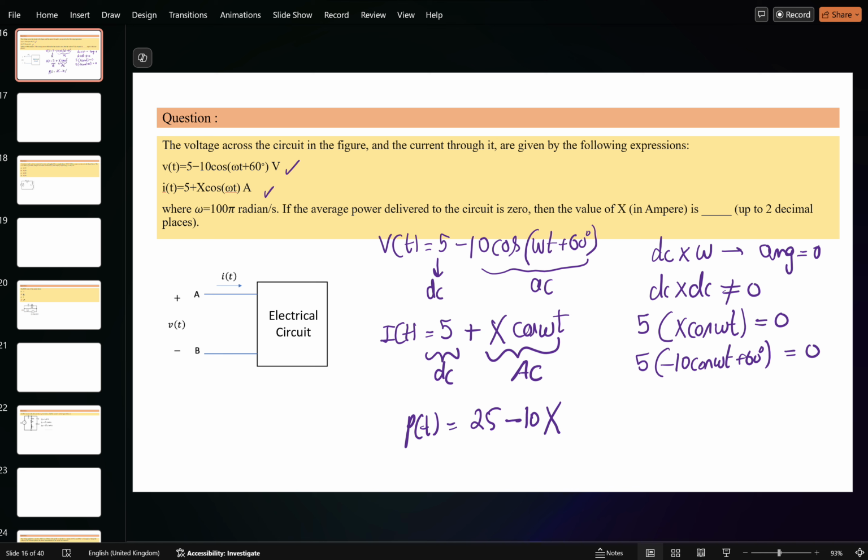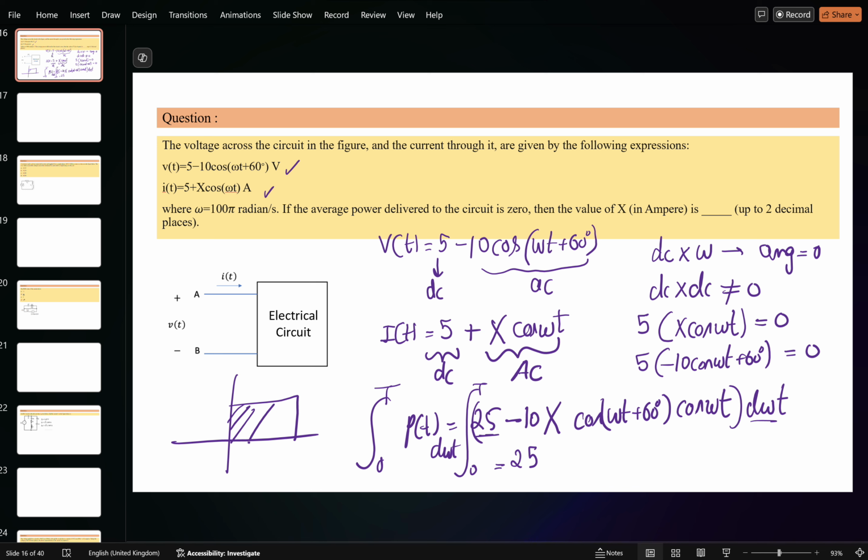So what about the average? Just take it with respect to d omega t. If you see the DC part, it is at a certain frequency. If you solve with respect to d omega t, it will come out to be 25 only, because when you take the average value of the DC term, it is just an area, multiplying the two values only.